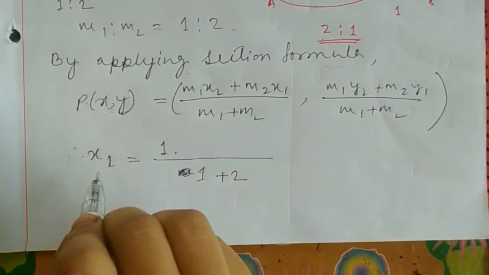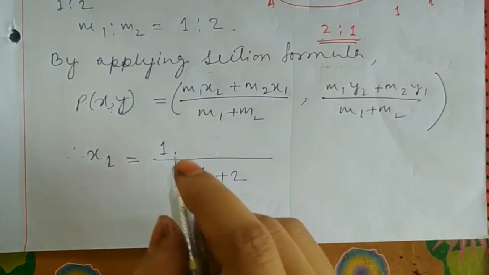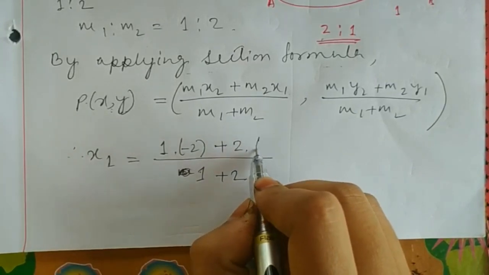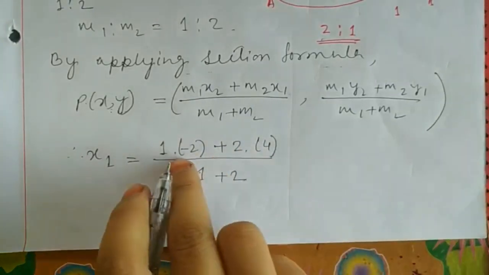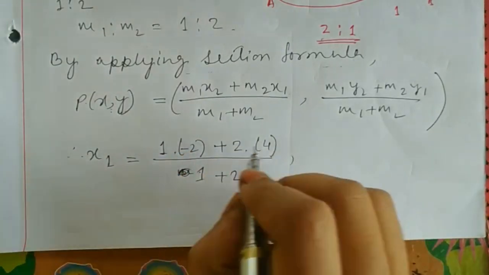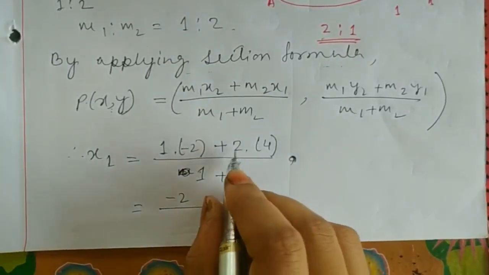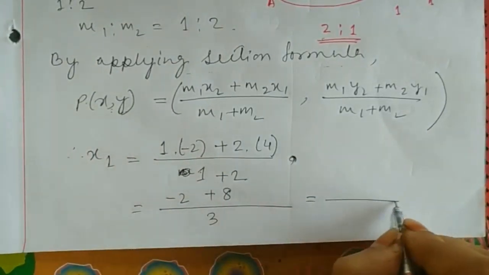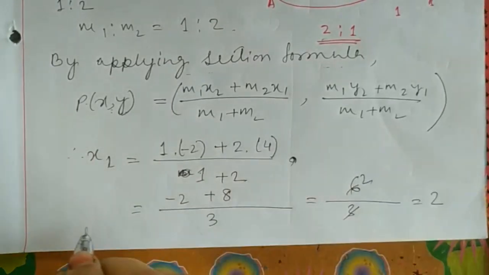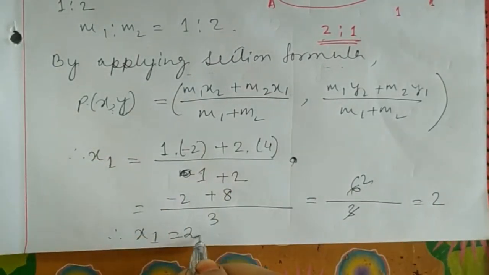From the coordinates of A and B, x2 is minus 2 and x1 is 4. 1 plus 2 is 3, minus 2 plus 8 equals 8 minus 2 is 6 by 3, that means 2. Therefore we got x1 equals 2.